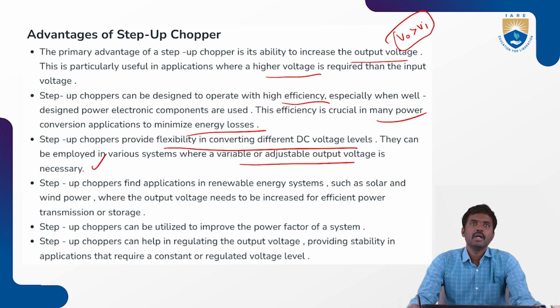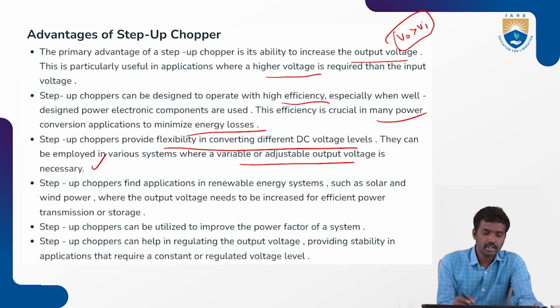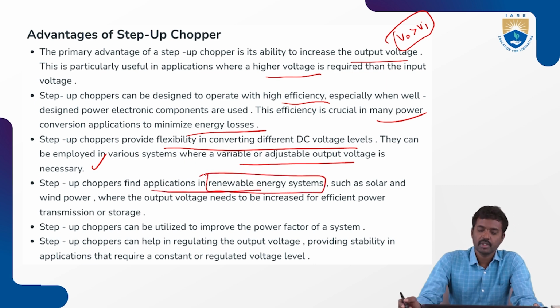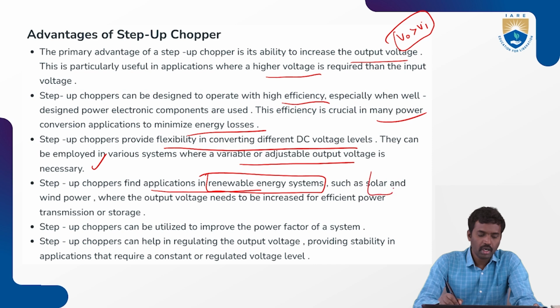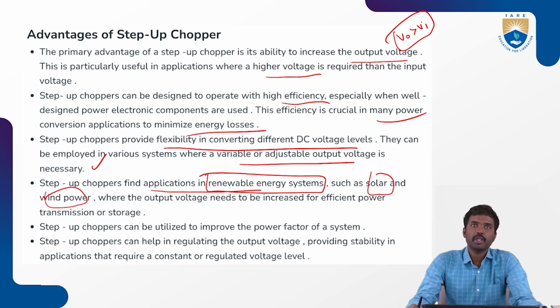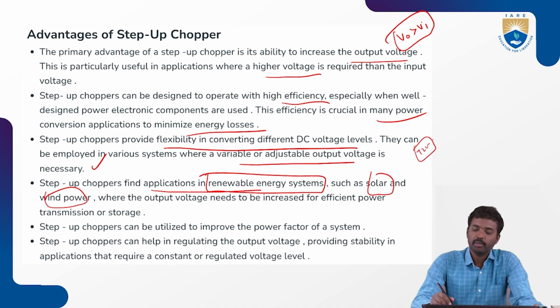And now here, step up choppers find applications in renewable energy systems, that is solar and wind power systems. In solar, a small amount of voltage, 12 volts or 30 volts, is generated, and the solar output voltage is DC.